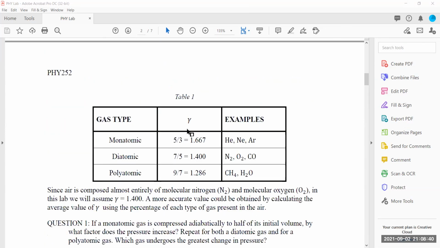And again, this is gamma for a monoatomic gas because of the following. Let me explain why gamma has such and such value, because it's important to know where those numbers are coming from. We know for a monoatomic gas that Cv is 3/2 R. And we know always Cp is equal to Cv plus R. This we discovered today.